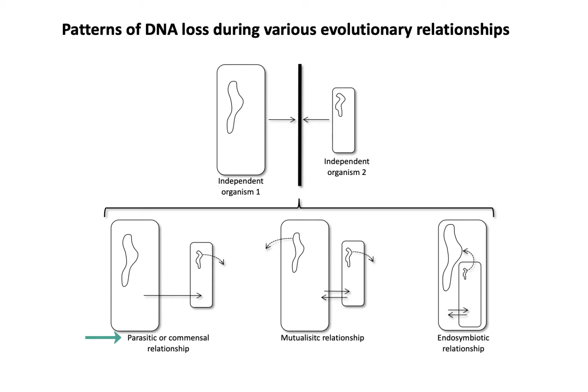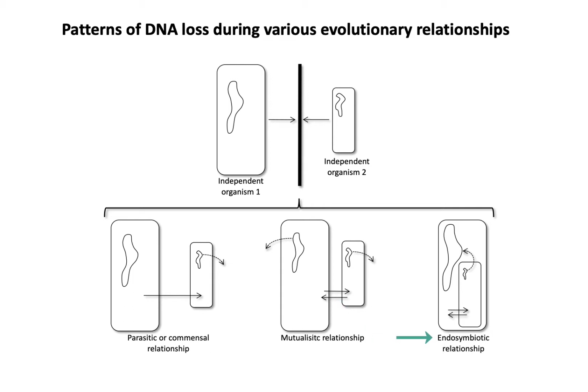However, when you get a parasitic or commensal relationship, at least one of the organisms starts losing some of its genome because it's depending on products from the other organism for some of the things that it needs to survive. By the time you get to a mutualistic relationship, both organisms tend to lose sequences, primarily because they're dependent on the other organisms for part of the things that they need to survive.